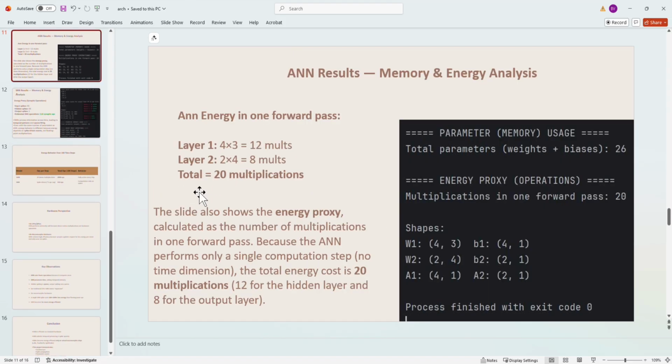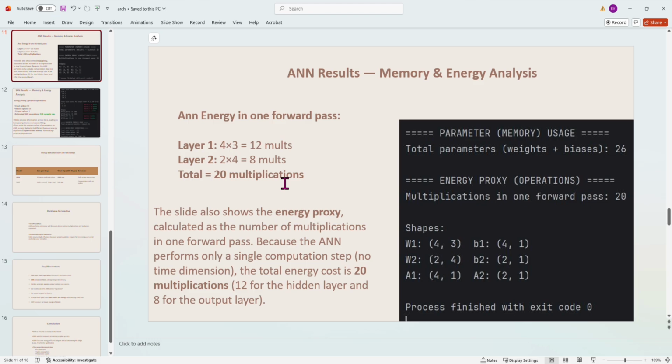Layer 1 12, layer 2 8, so 20 multiplications. Because the ANN performs only one forward computation, the energy cost is extremely fixed every single time you run this model. That's why the code output shows exactly 20 multiplications for one complete forward pass.